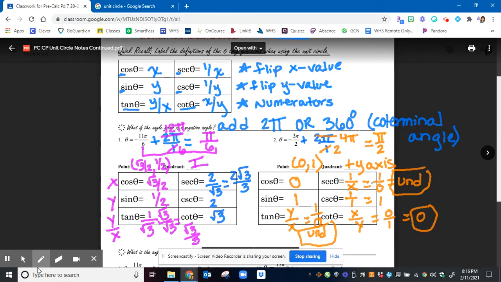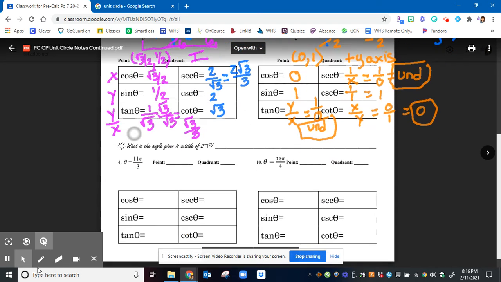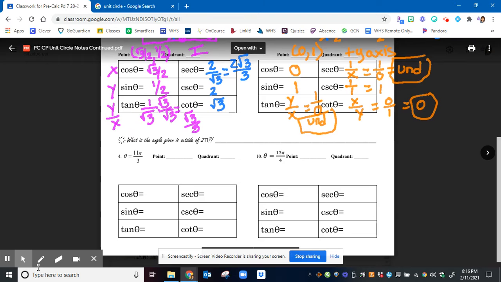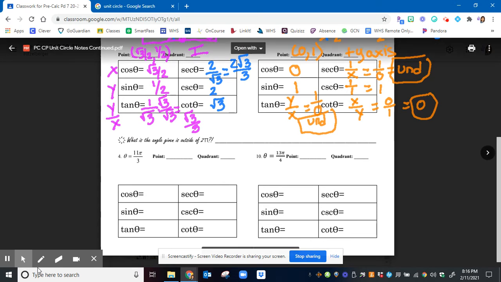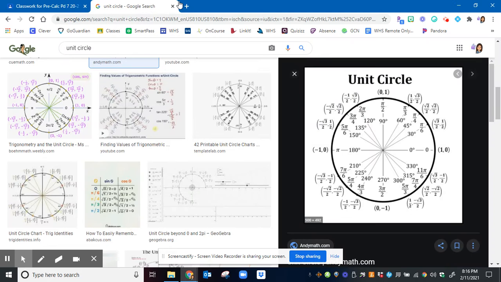Okay, all right. And last but not least, the last thing we have to talk about is what if my angle is outside of 2 pi, meaning it's bigger than 2 pi. So it's not negative, but it's also not falling on the unit circle. So for example, 11 pi over 3, if I take a look, I only go up to 5 pi over 3. So 11 pi over 3 is not on here.